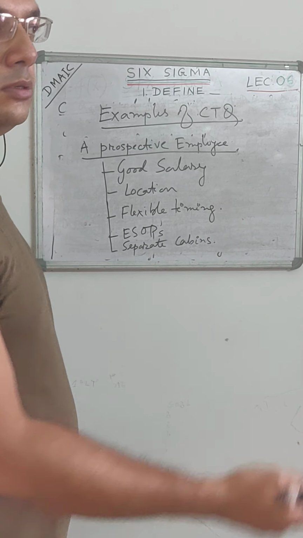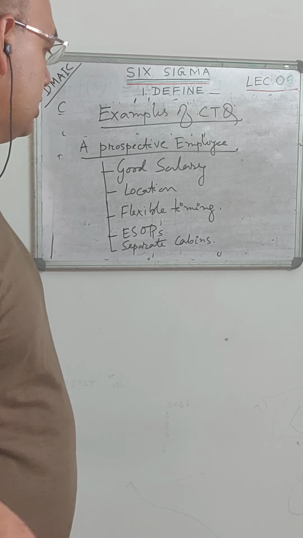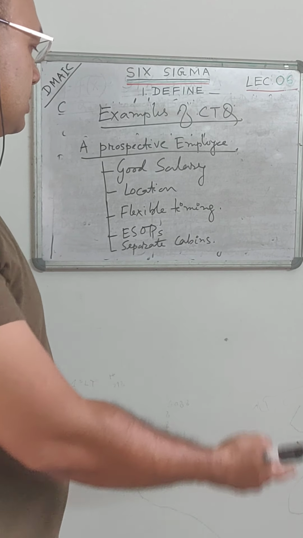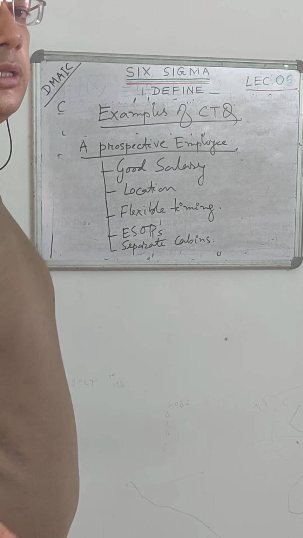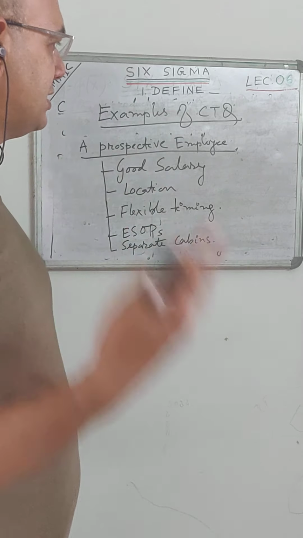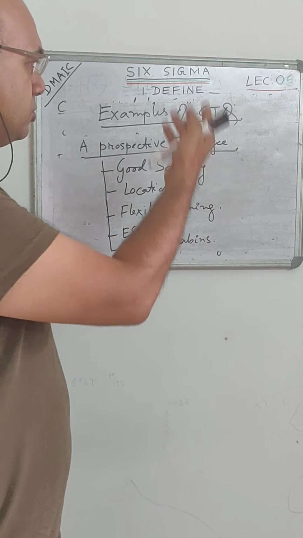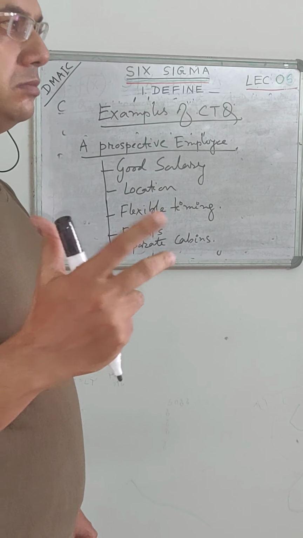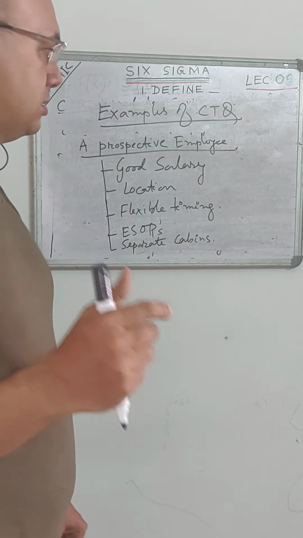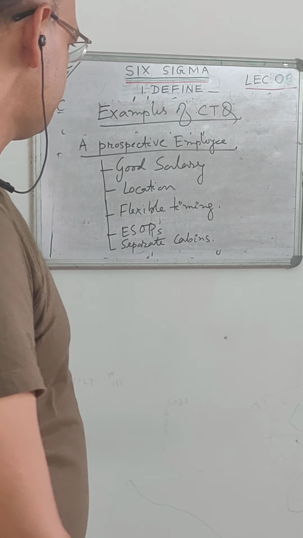And ESOPs, you can distribute shares after some time with some locking period. Then whether employees will have separate cabins or will be in cubicles. So these are basically requirements or demands of an employee. So CTQ is basically a requirement or demand to satisfy a customer.